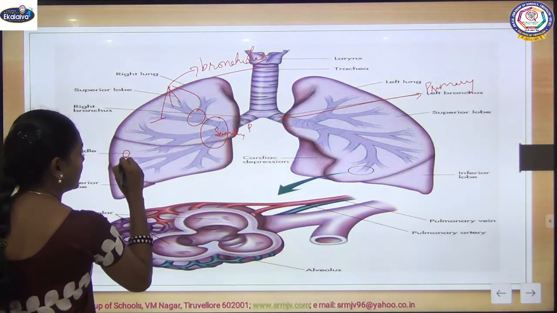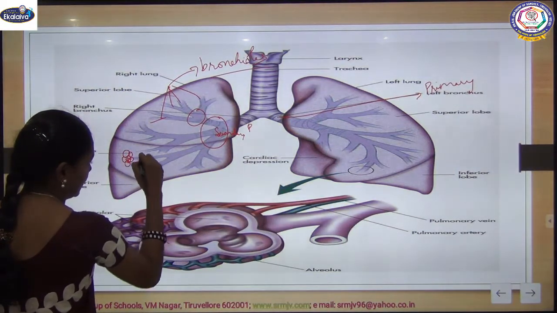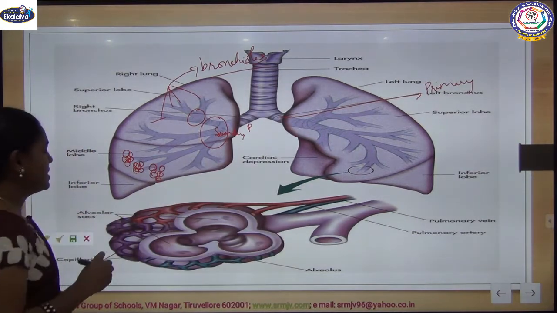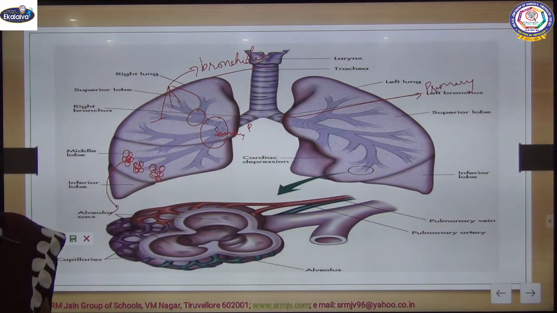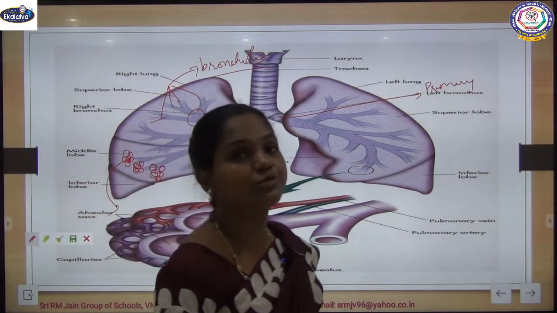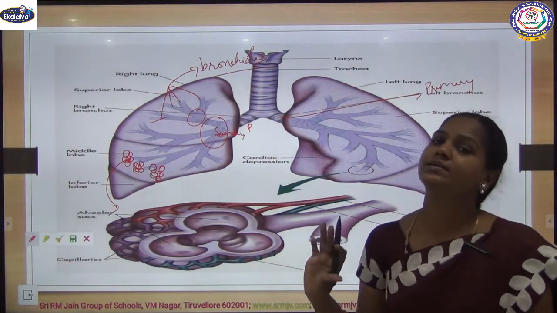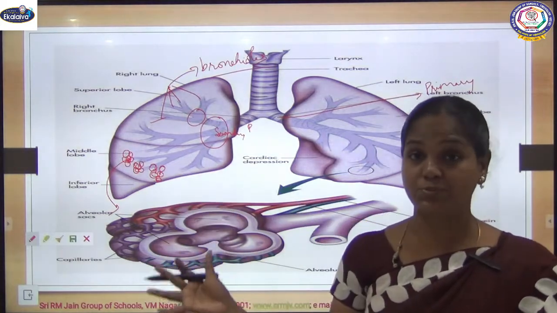there will be a cluster of sac-like structures like this, and we call these sac-like structures alveolar sacs. Exactly, it is similar to a balloon. When you inflate a balloon, it is filled with air.